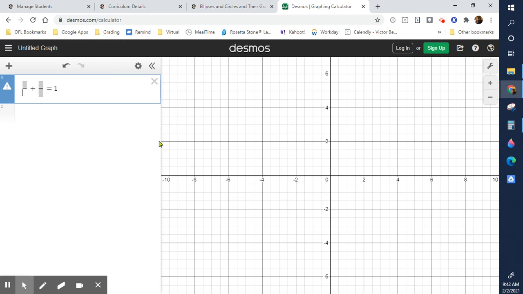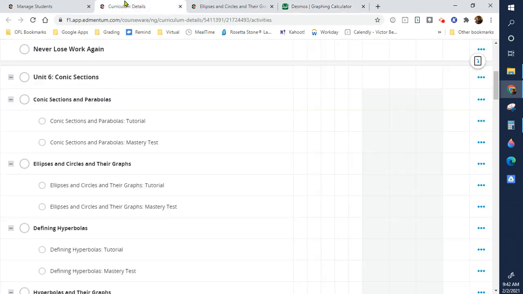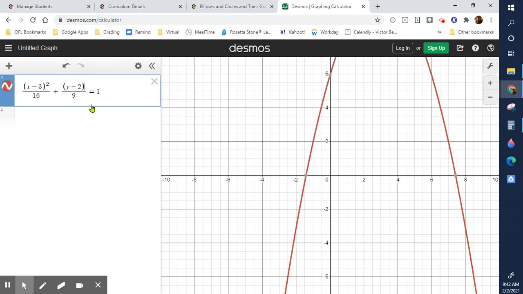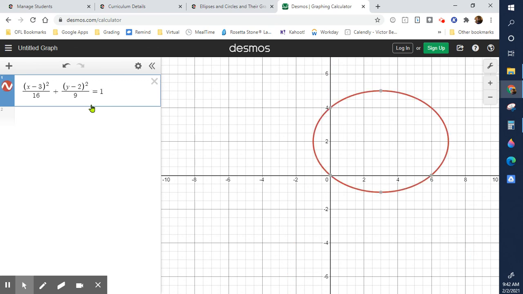You'll have this, what was it, 16, 9, parentheses, x minus 3, quantity squared. What was it, y minus 2? Yeah, y minus 2. You might start seeing it start graphing right now. Y minus 2 quantity squared. There you go.